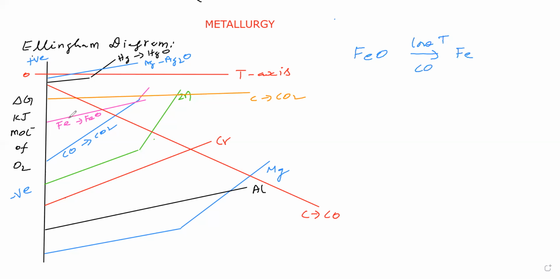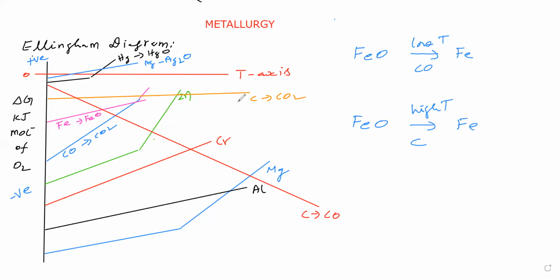Then we can convert FeO into Fe by using carbon as a reducing agent at high temperature, because at high temperature the carbon into carbon monoxide graph is below the iron graph.